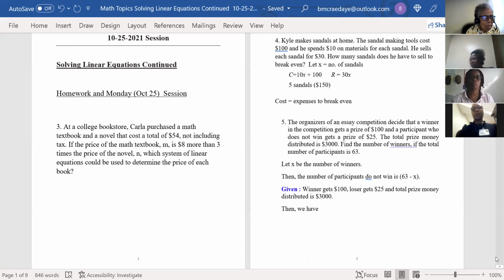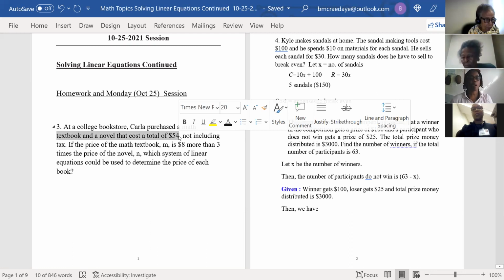Okay, so you weren't asked to find the price of each book. You were asked to set up the equations you could use to calculate the cost of the textbook or the novel. In the problem, these are the essential things you're given: a textbook and a novel that cost a total of $54.